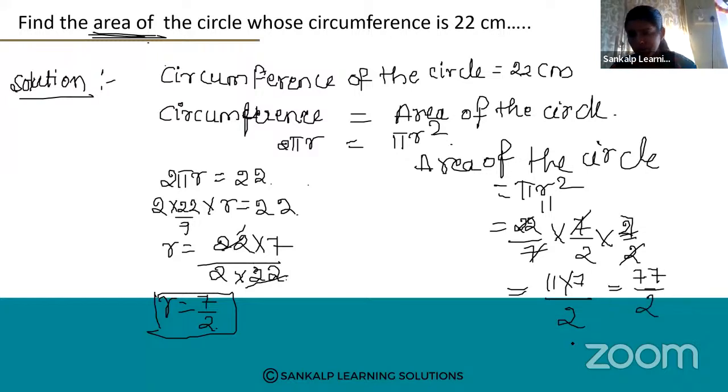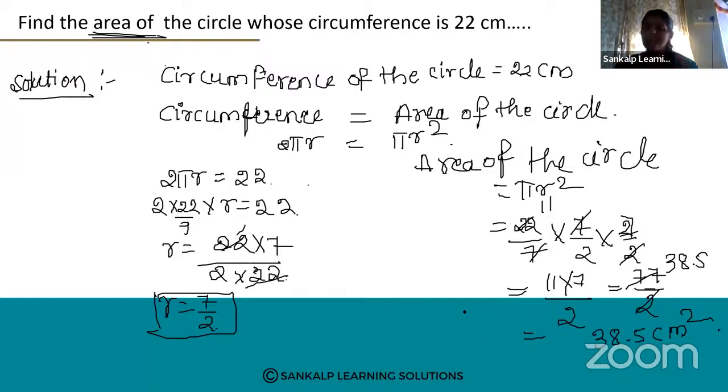If you do the division, you will get 38.5. 38.5 centimeter, sorry, centimeter square it is, because this is area. Area is in centimeter square, like meter square.